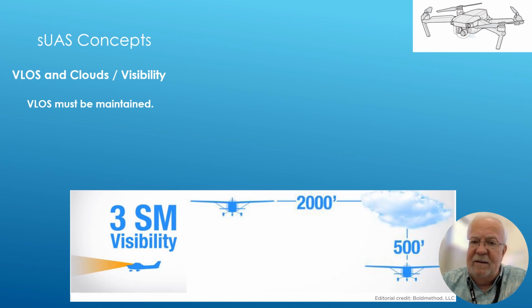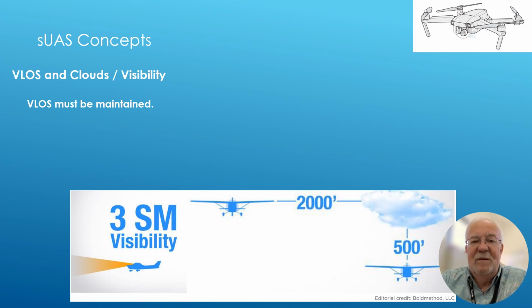In addition to that, and this coincides with manned aircraft as well, UAS must not be operated any closer than 500 feet below or 2,000 feet horizontally from the cloud. And I get it, from the ground it's difficult for an operator to judge cloud altitudes and exact visibility.